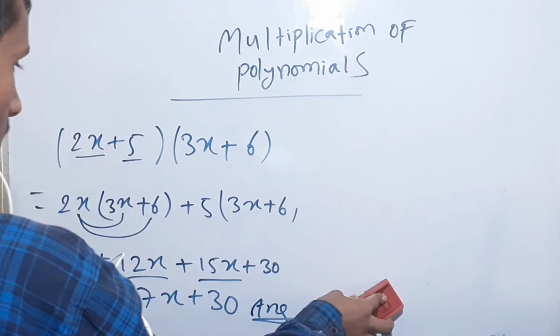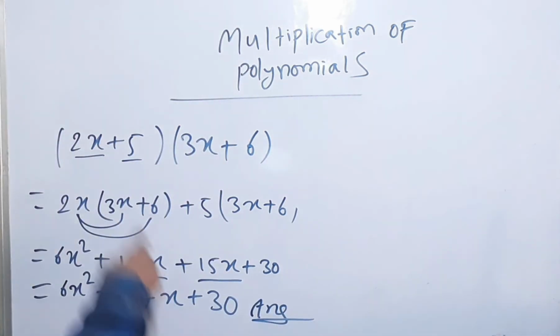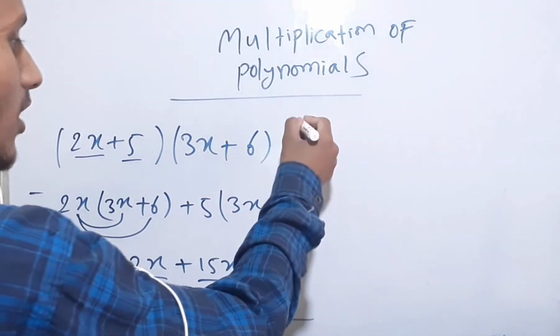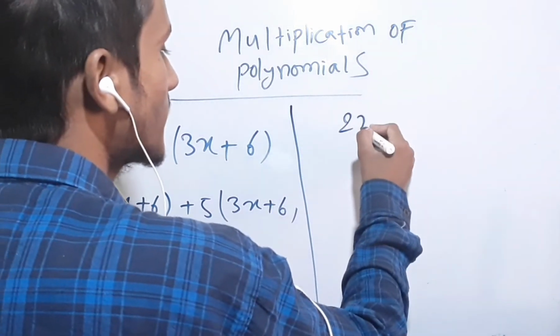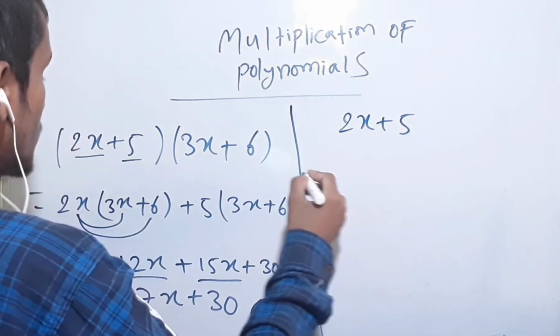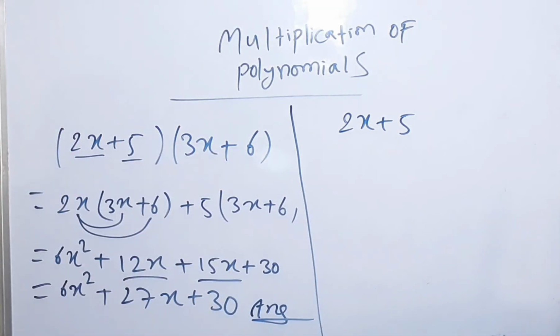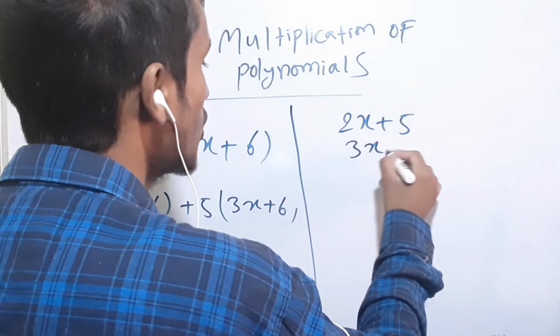Okay, so that was horizontal multiplication, and I'm gonna also show you this using vertical multiplication, which is still not that common. We still use horizontal multiplication most of the time, but I'm still showing you.